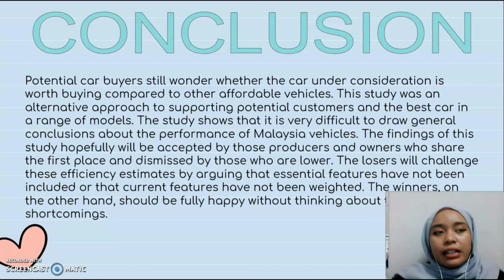So this study actually helps them to see whether the car is efficient or not. It's not towards the purchaser only, but to the automotive industry and other groups also.